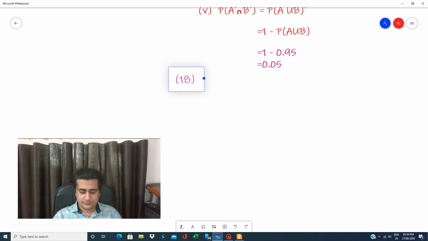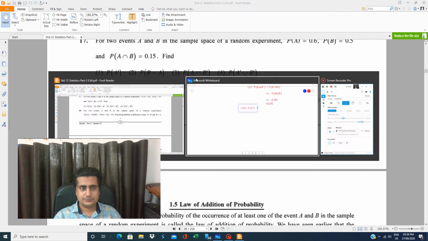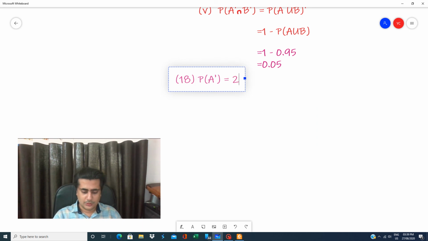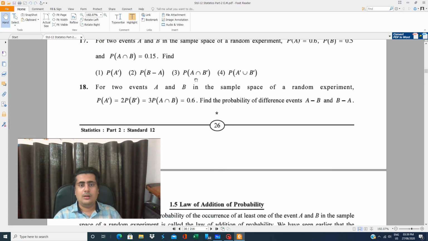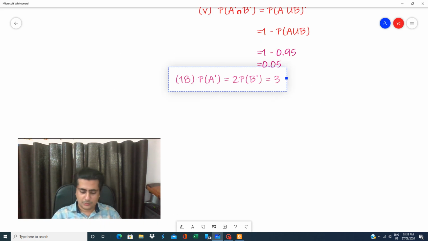P of A dash is equal to 2, P of B dash is equal to 3, P of A intersection B is equal to 0.6.